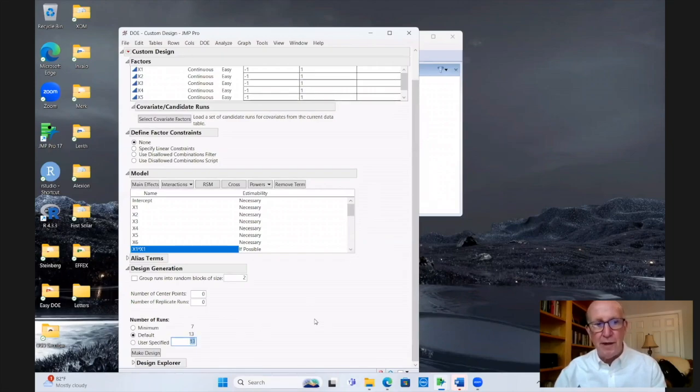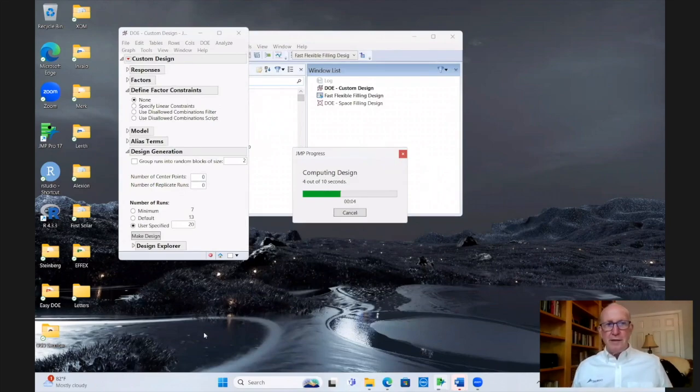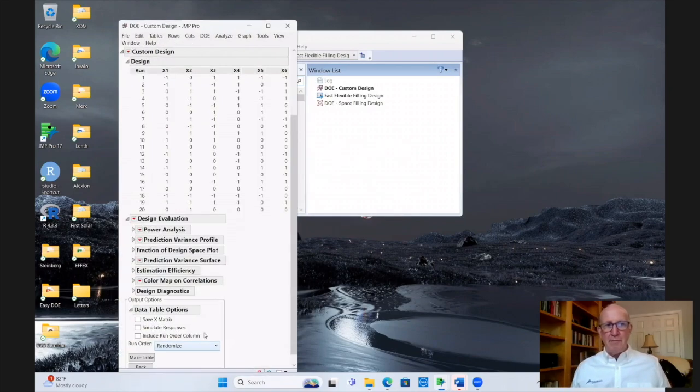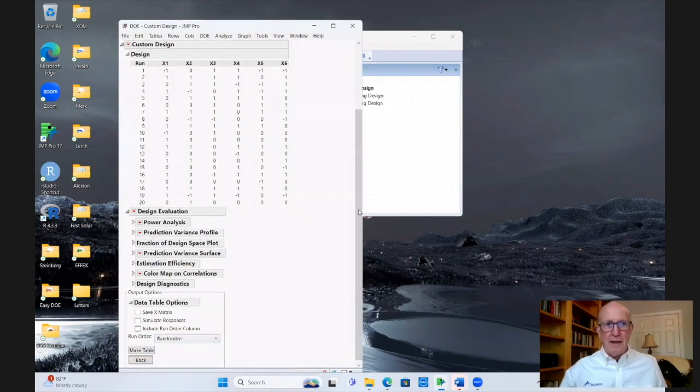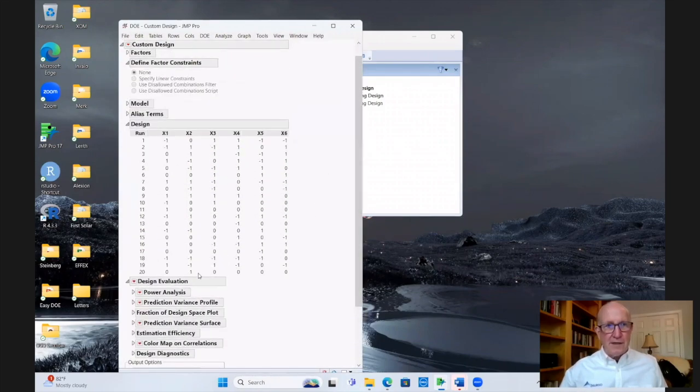And then let's say that instead of 34 runs, maybe I'm willing to do 20 runs. So now it's going to make sure that I can fit all the main effects, but it's going to do as well as it possibly can at being able to fit the two-factor interactions and quadratic effects. This kind of design would be another way to approach that kind of problem that would save you in terms of resources.